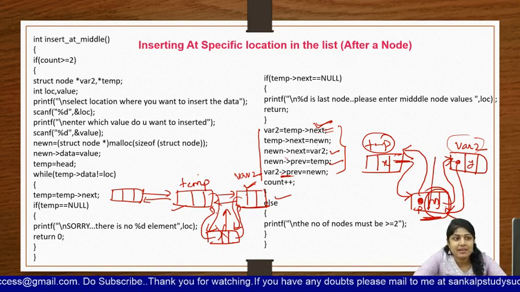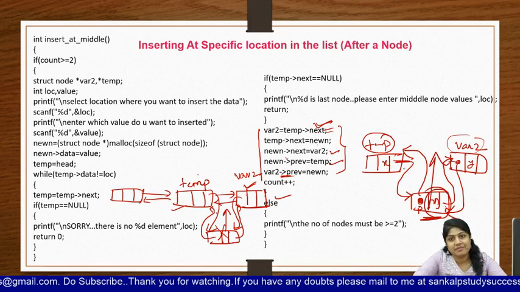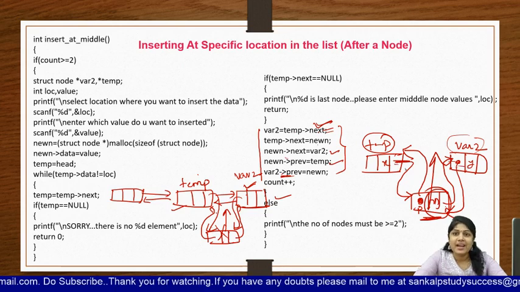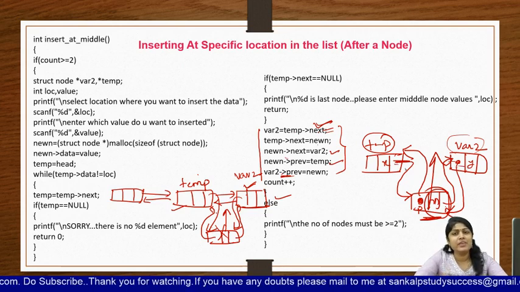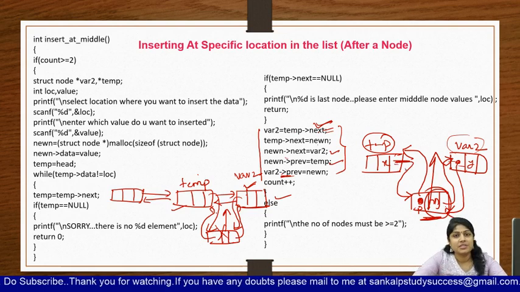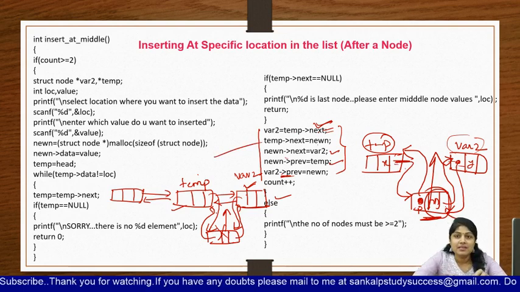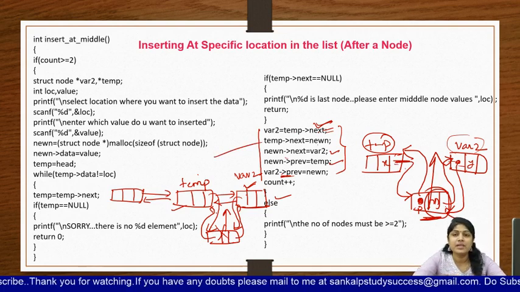Okay, so finally we insert the new node here between these two. Okay, and after inserting the element we can increase the count. Okay, so this is the inserting at specific location.